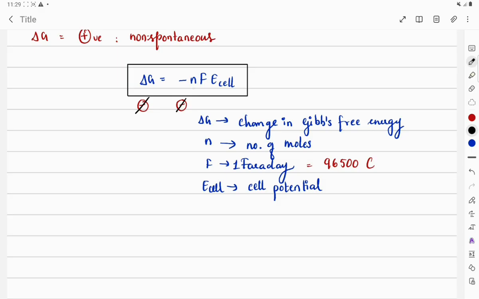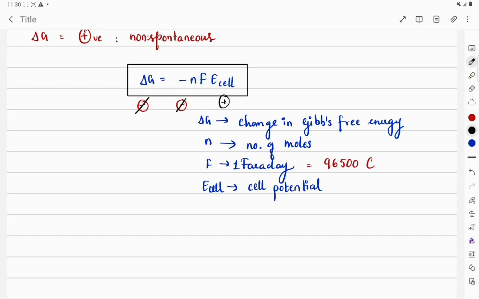Then we have the number of moles, which is obviously a positive value, and Faraday, which is a constant and a positive value. Finally what is left is E cell. If delta G is negative and both of these cancel out, then we should have a positive value, so E0 cell or E cell definitely has to be positive.